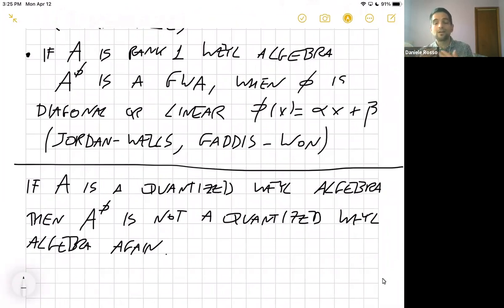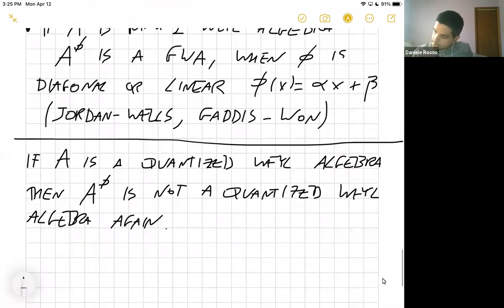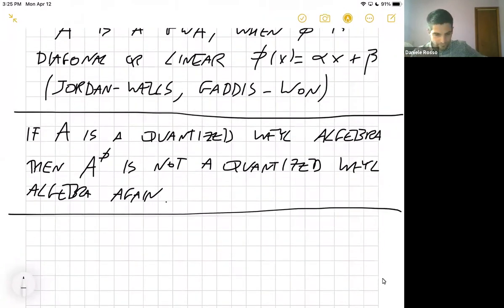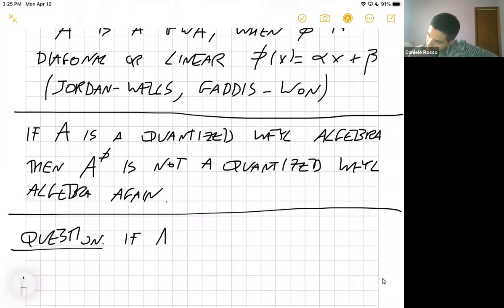So then the question is what is a good family of algebras that's stable under taking invariants. Maybe I write it as a question here. If A is a TGWA, is A upper phi also a TGWA?